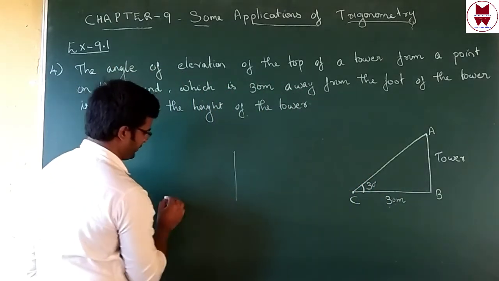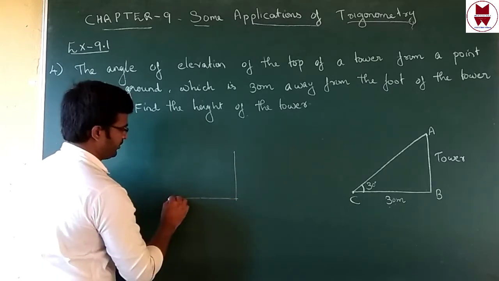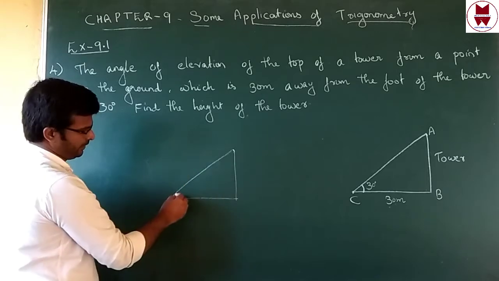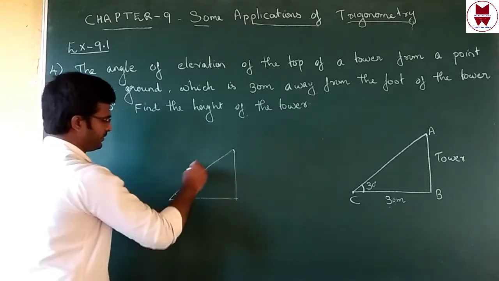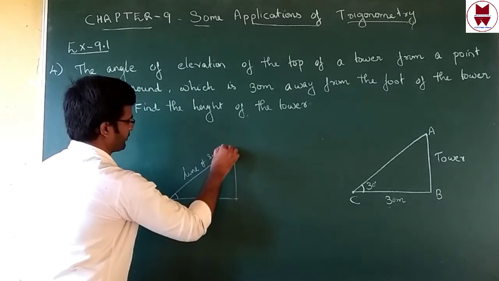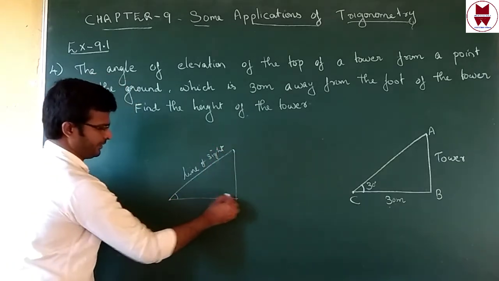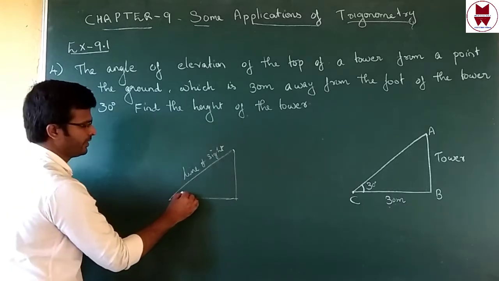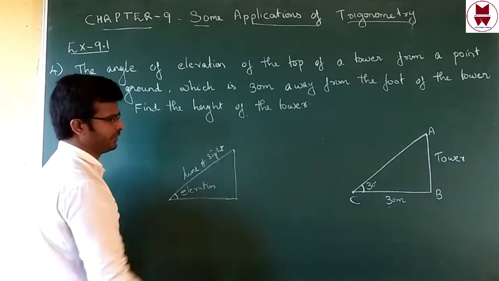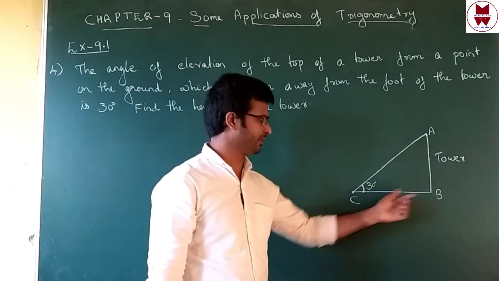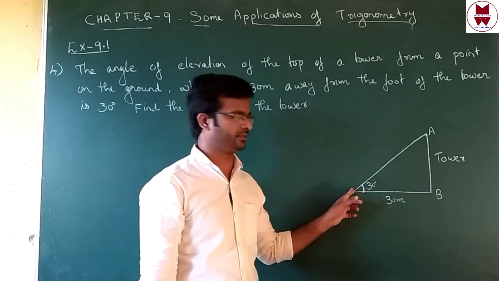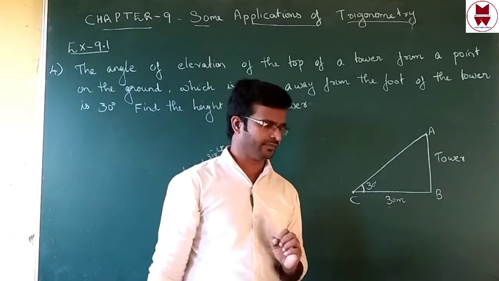One person standing in here looking at the top of a tower or any building, then the angle between this line of sight and horizontal line is known as angle of elevation. You can see in this figure also, one angle between ground and this line of sight, that is hypotenuse, isn't it? This angle is given 30 degree.